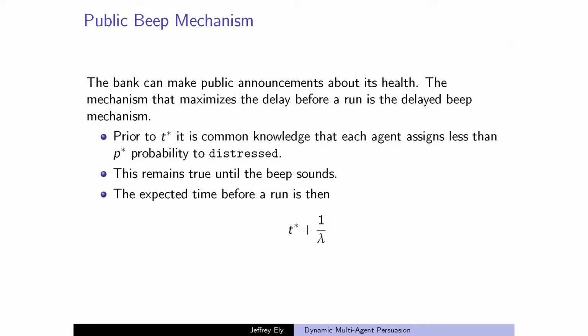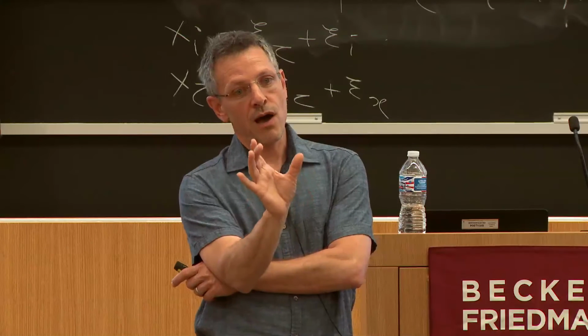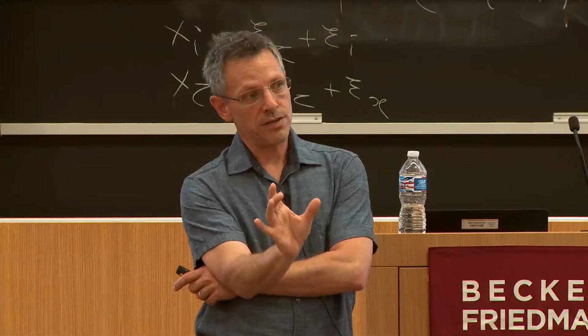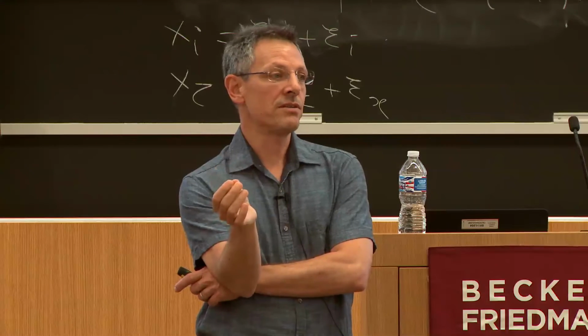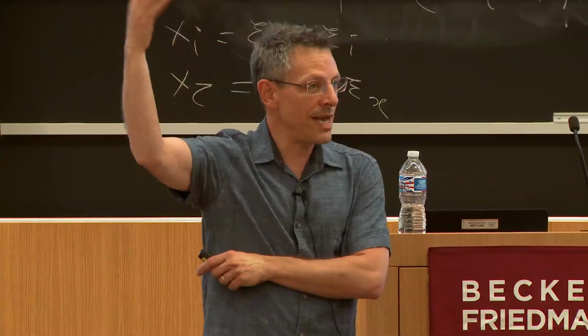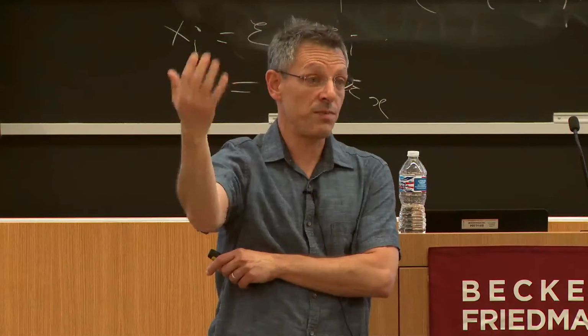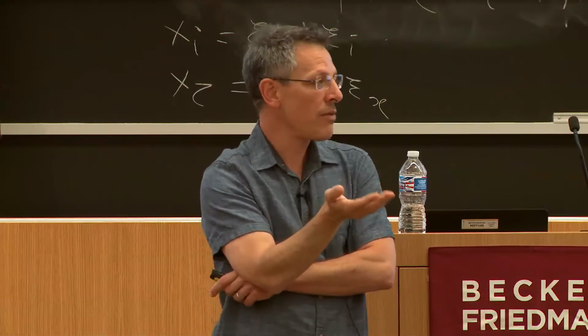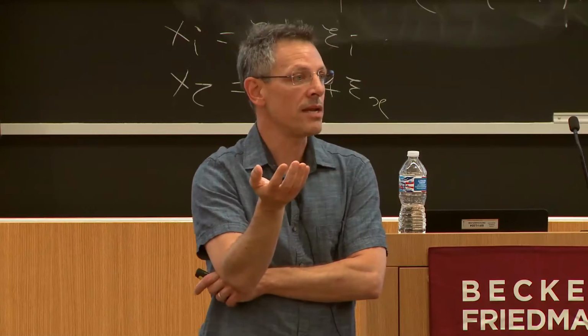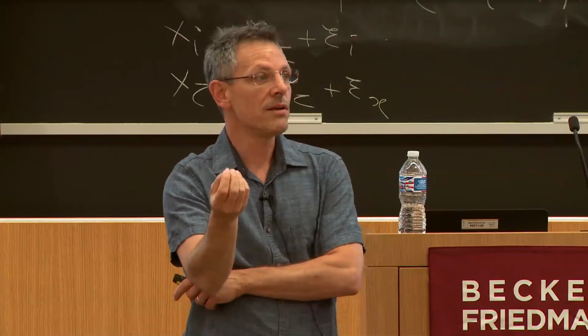Of course, because this is the optimal single agent mechanism, it follows that each agent, before he hears the announcement, and therefore is expected to wait, believes that the bank is healthy with sufficiently high probability that he's willing to do that.